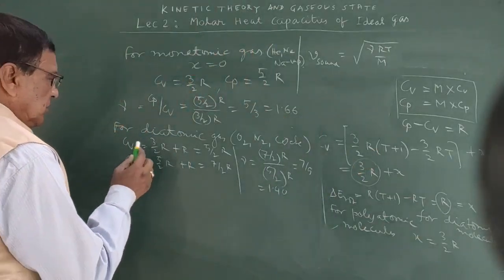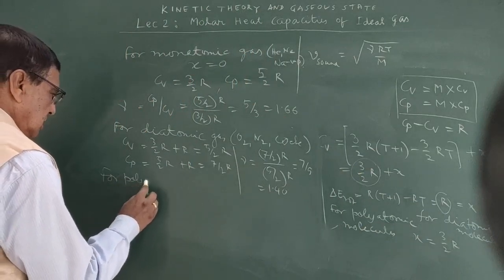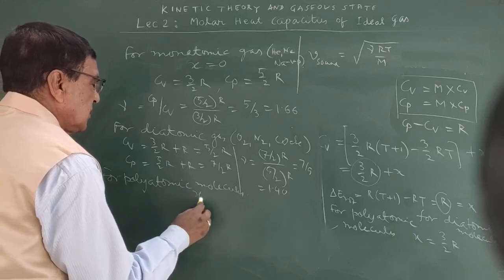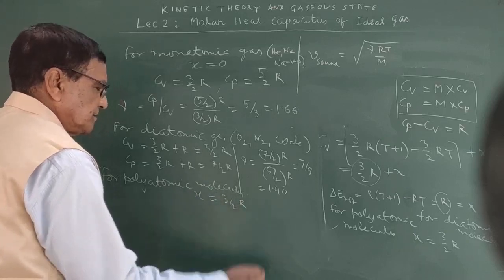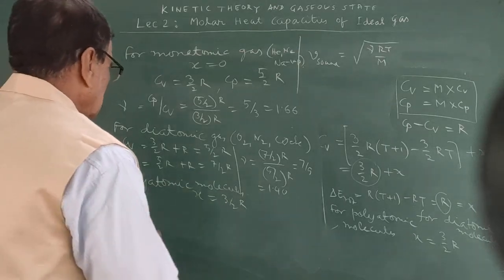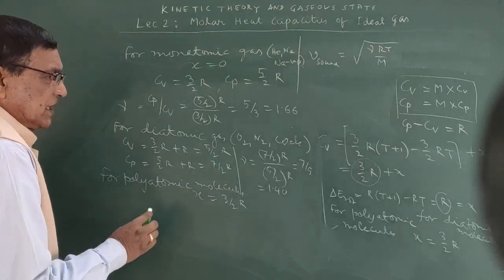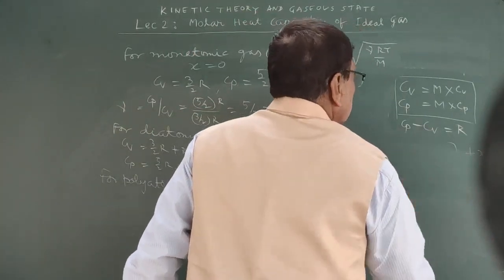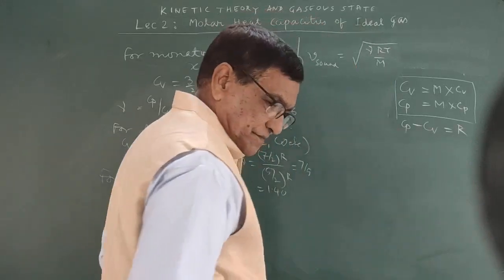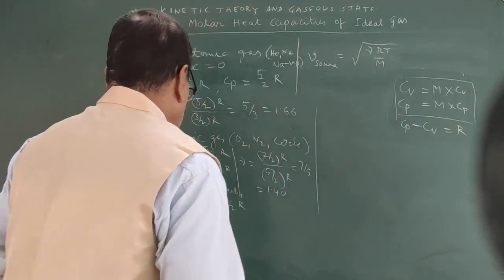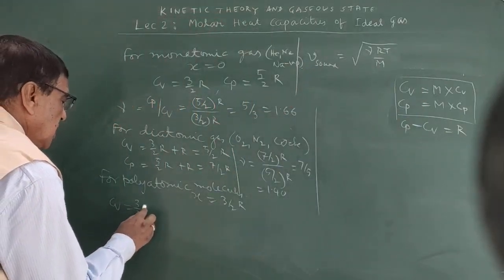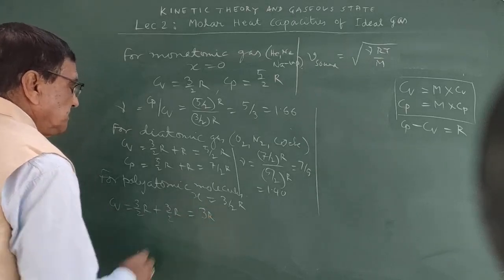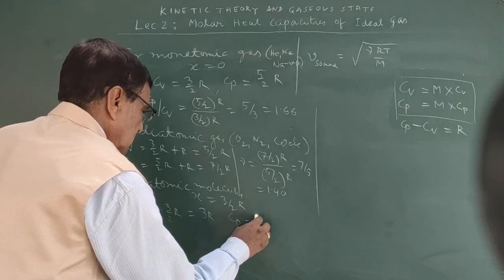And for polyatomic molecules, x equals 3 by 2 R. So Cv equals 3 by 2 R plus 3 by 2 R, equal to 3R, and Cp equals 4R.